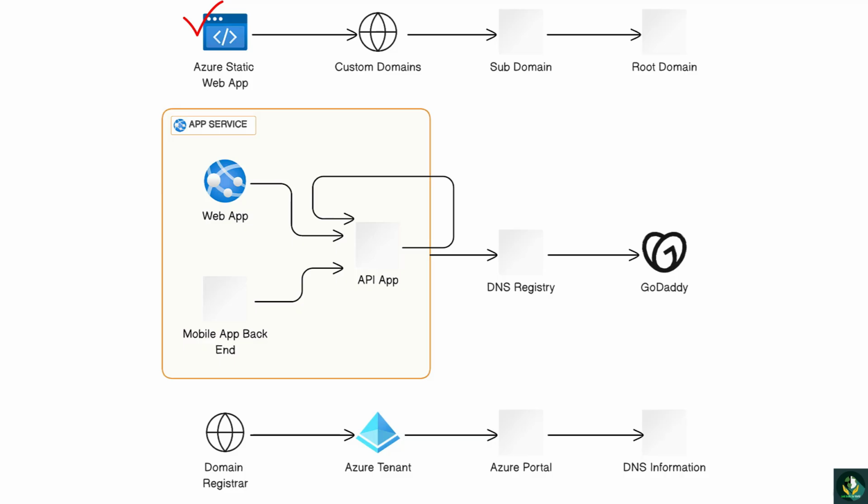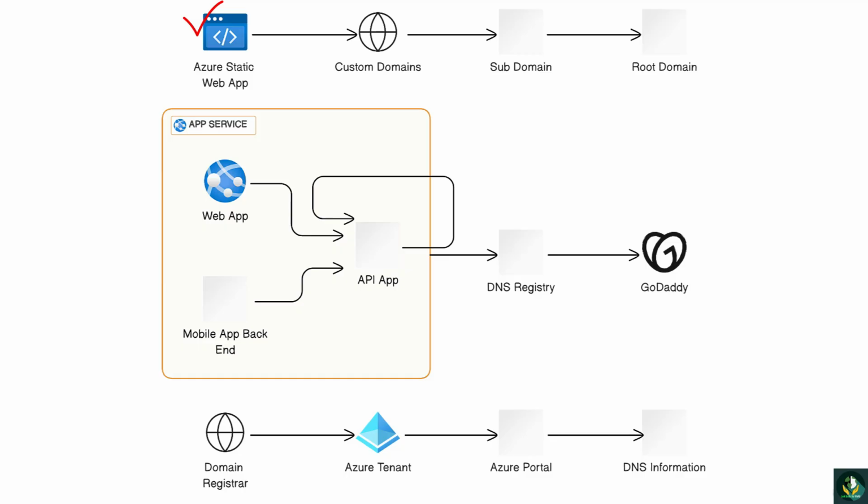To do this, you need to navigate to your static web app in the Azure portal, select the custom domains item in the sidebar, click the Add button, input the domain into the domain name field with the desired subdomain, and click Next. The next step is to validate this subdomain by creating a CNAME record with your domain provider that points to the static web app.